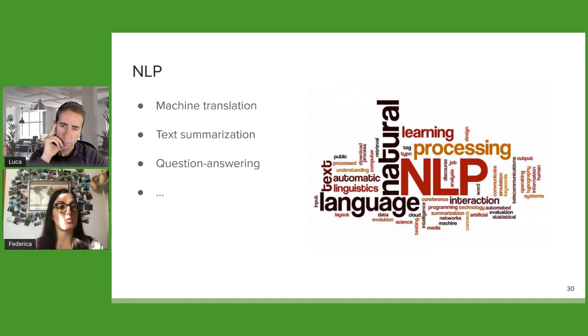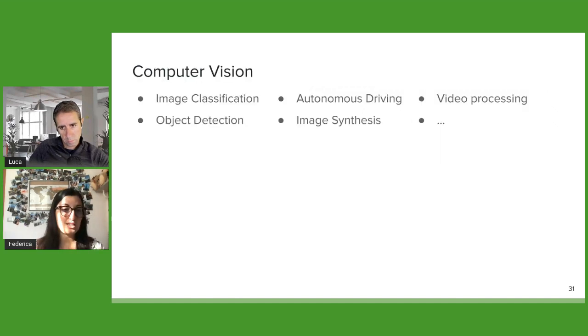In this case, we need to understand the context, but also be able to generate text, so there is a generative part. Also in question answering, there is this part of generating the answer to the question. We must understand the question, but also be able to answer it. And there are many others in natural language processing.